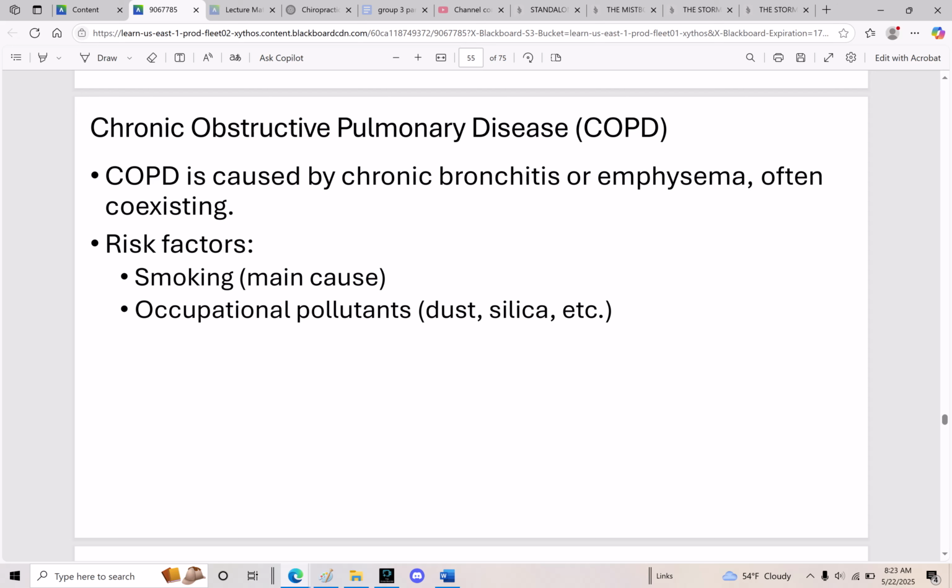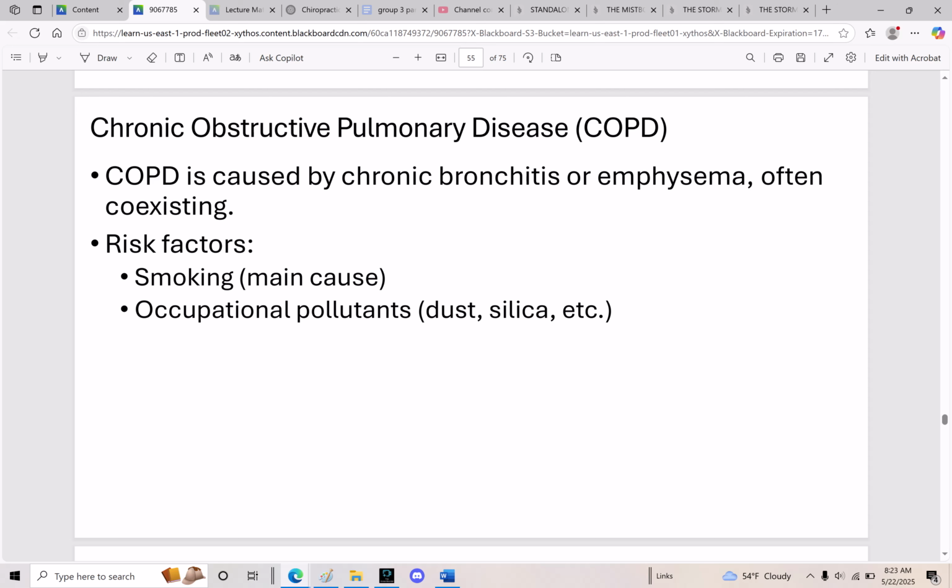So basically, most of the time, if somebody has bronchitis, they probably have emphysema. They come together. The thing is, which one they have more? They have more of bronchitis or more of an emphysema presentation, right? So chronic obstructive lung disease.